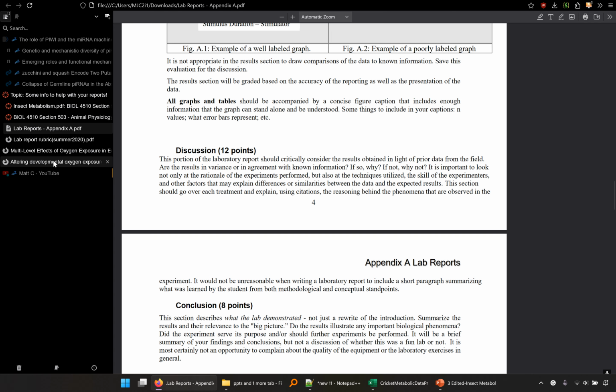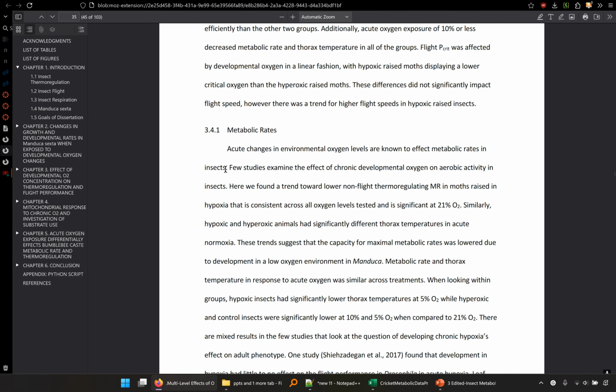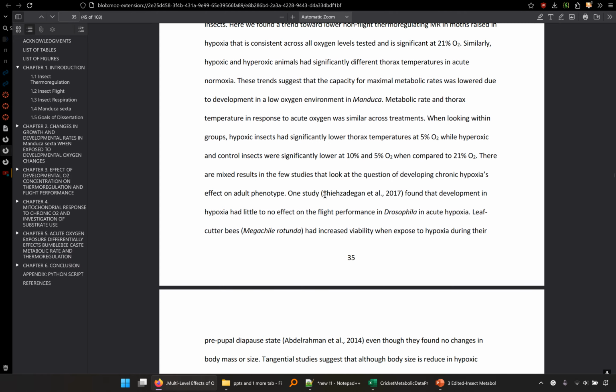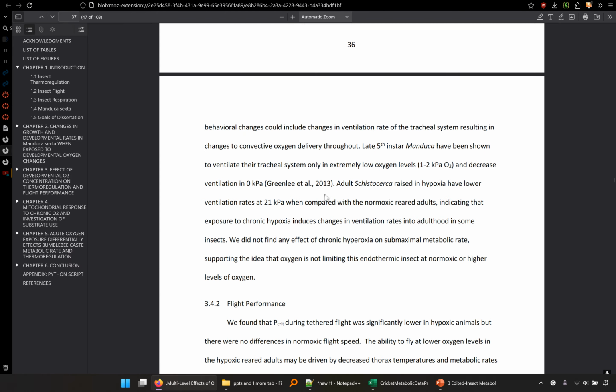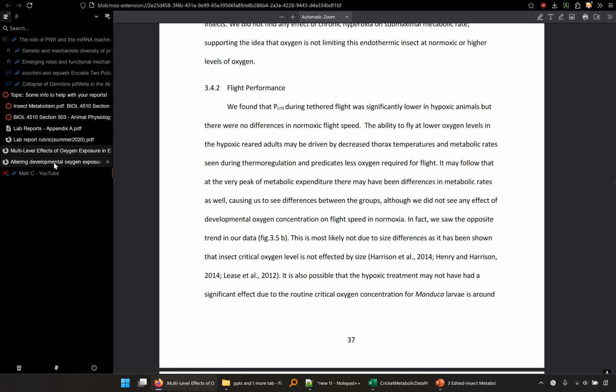You can see in most papers, if you go into the discussion here, it's going to be talking about the physiological process and how that relates to the hypothesis. And then for each experiment they're talking about the individual results and how that relates. So, describing why these results happened rather than just reporting what they are.